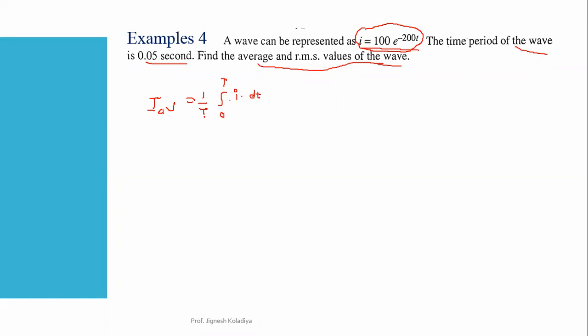Time period of the wave is given, so you have to put capital T equal to 0.05. Put small i as 100 into e raised to minus 200t, then integrate it and tell me what you are getting.